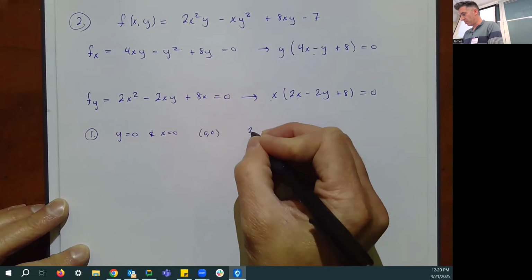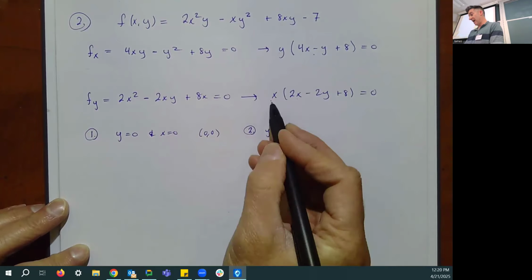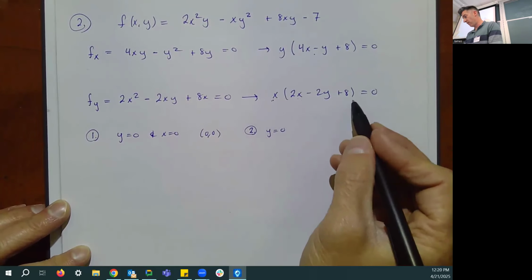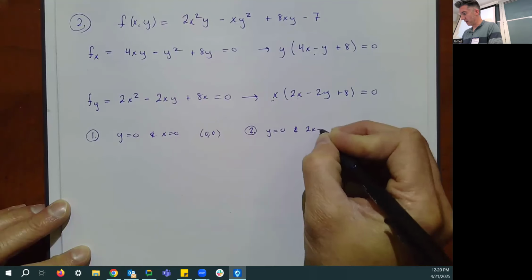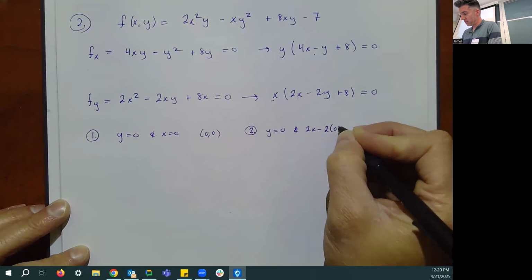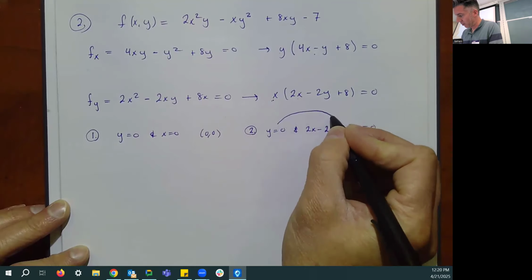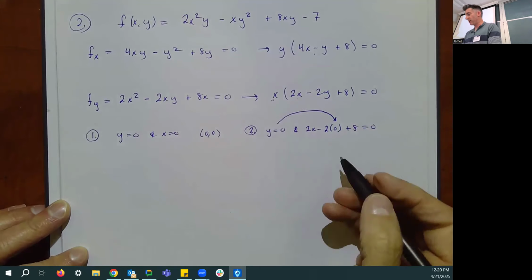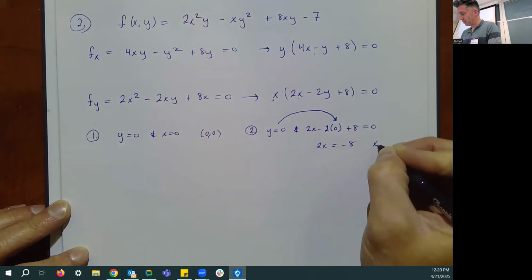For my second critical point, I'm going to set y equal to 0 still, but instead of setting x equal to 0, I'm going to set the other factor equal to 0. So I have 2x minus 2 times y, but y is 0, plus 8 equal to 0. I'm plugging that y value in, and then 2x plus 8 equals 0. So 2x equals -8, so x equals -4.